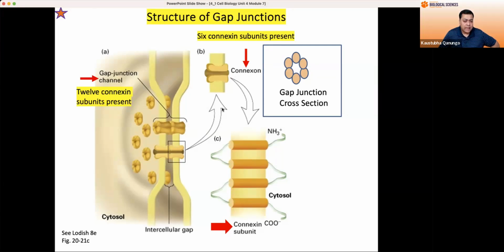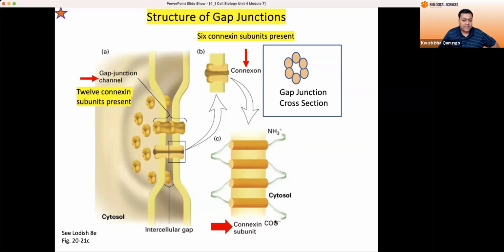If we take an individual protein, one protein is made up of 4 loops. You have an N-terminal on the cytosolic side and a C-terminal also on the cytosolic side, and you have 4 transmembrane domains. Each connexon half is made up of 6 of these connexins.